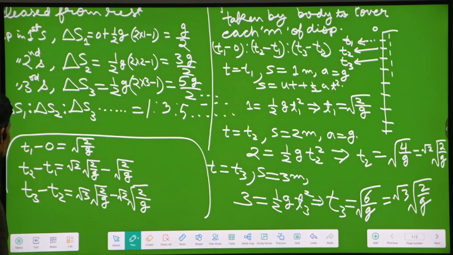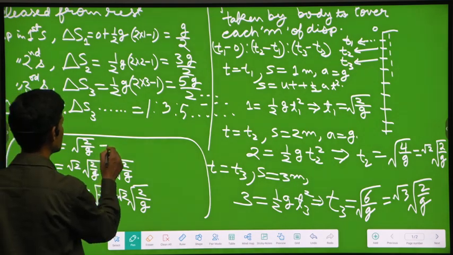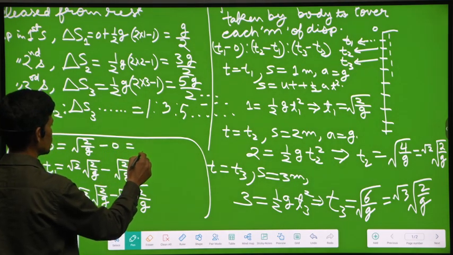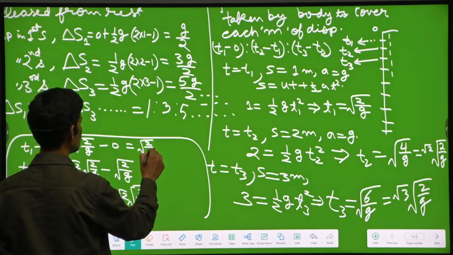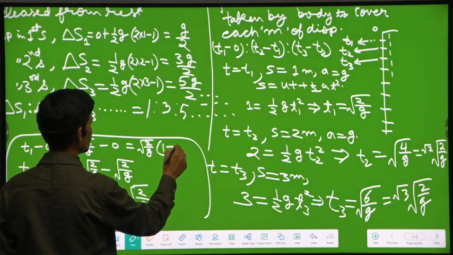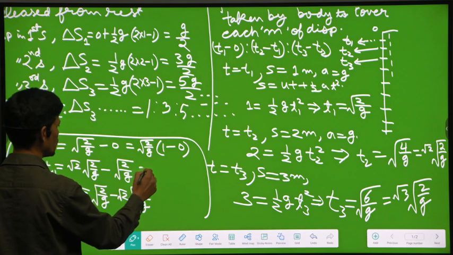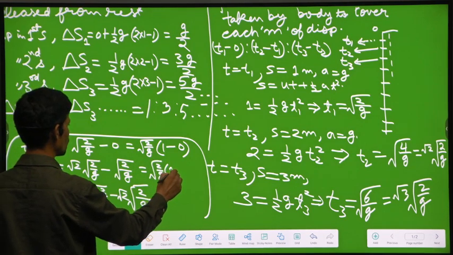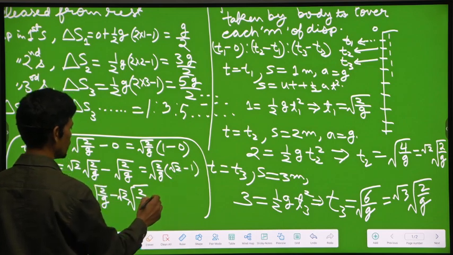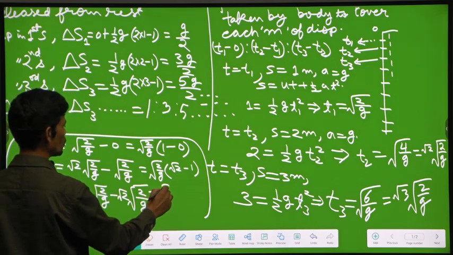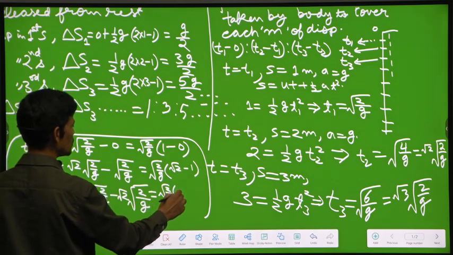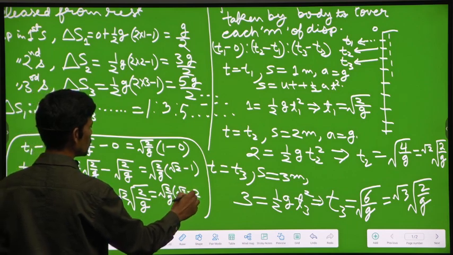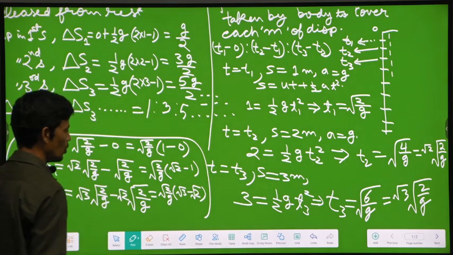So we can write it like this: root 2 by g times 1 minus 0, here root 2 minus 1, here root 3 minus root 2, and so on.